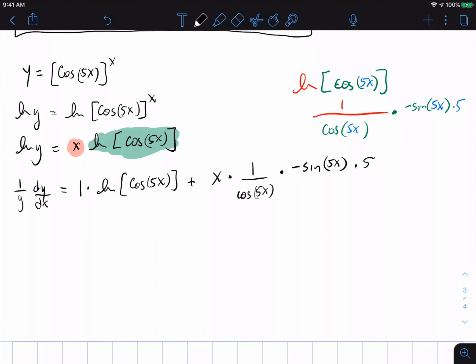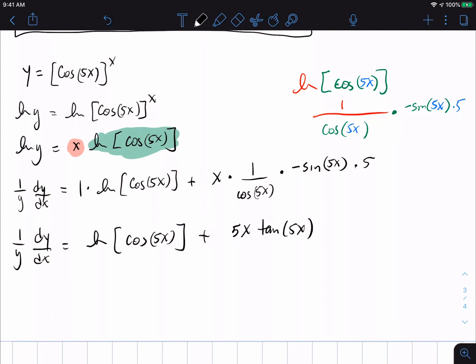Okay. So then from here, I'm going to clean this up just because I'm a bit of a weirdo. All right, I'll just do it. Ooh, and that should be a minus. Do you see how I did that?